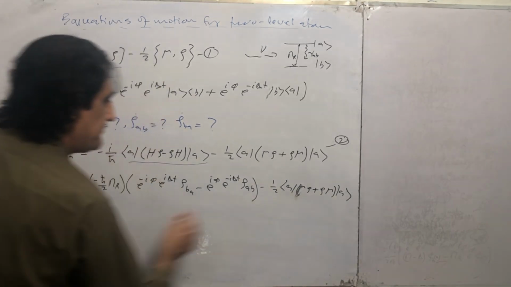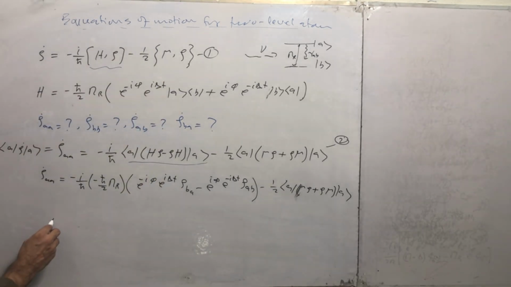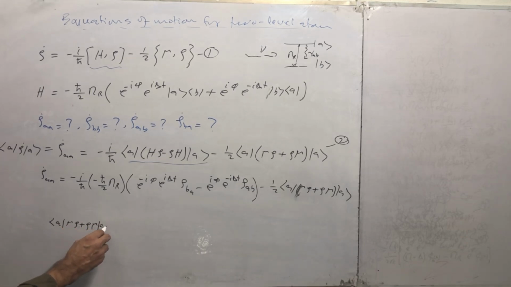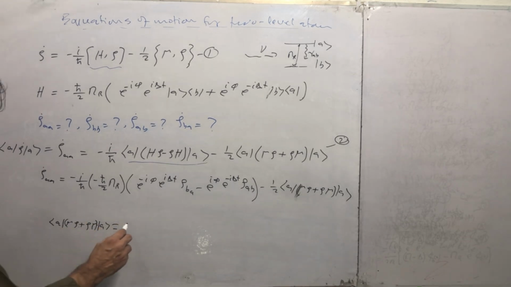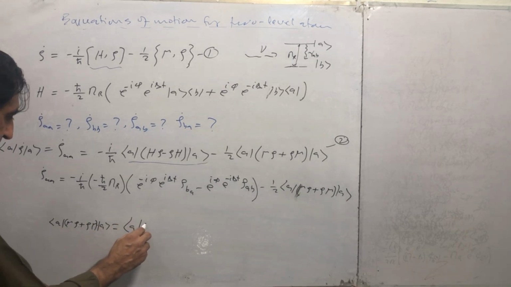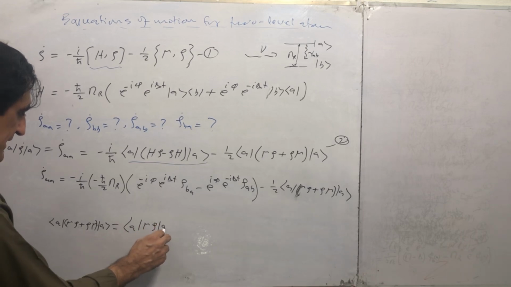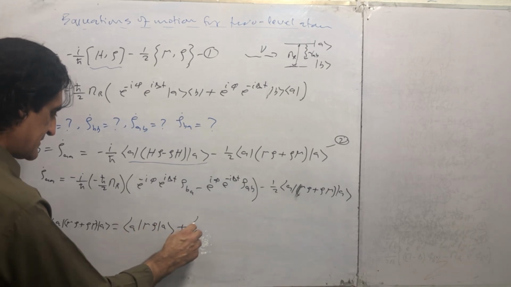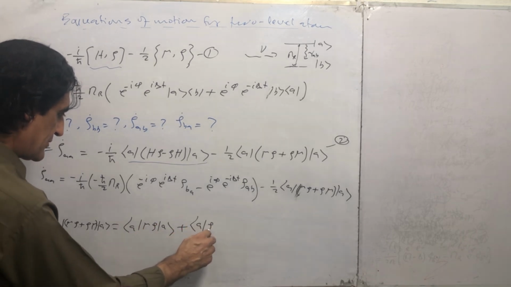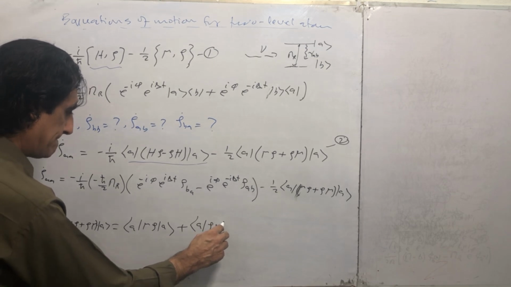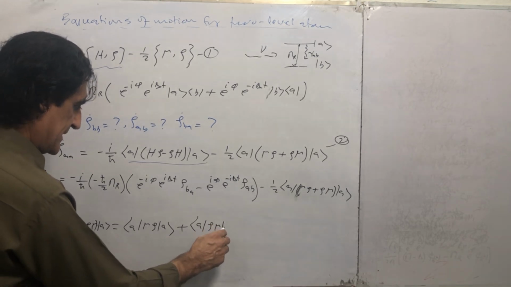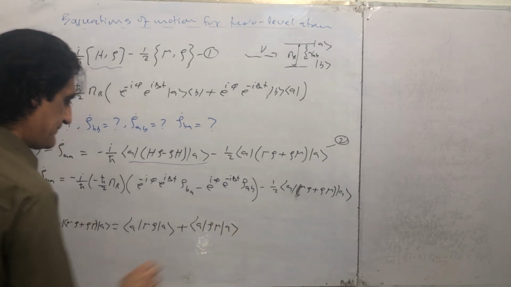Let's take this term, <A|Γρ plus ρΓ|A>. It means that we can write this <A|Γρ|A> plus <A|ρΓ|A>.